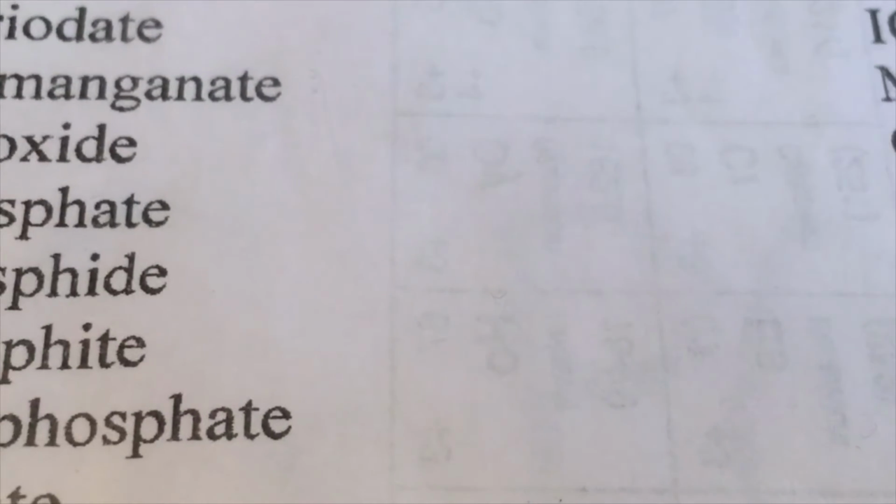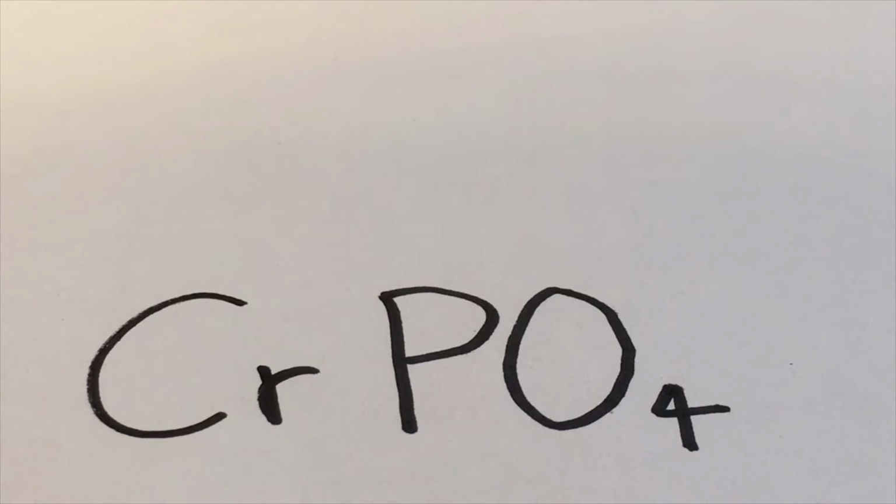We can also look at the chart of polyatomic ions to find that the charge of phosphate is -3. When looking at this formula, we can see that there's only one atom of chromium and only one polyatomic ion of phosphate.